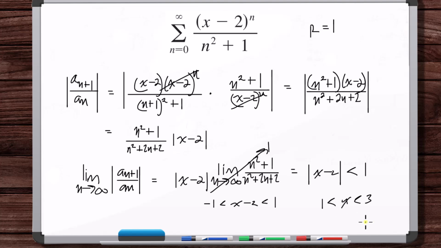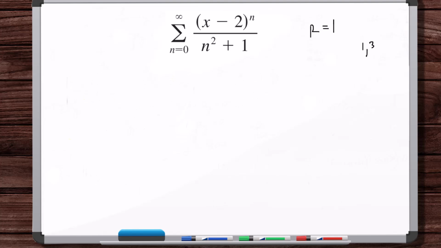All right, so we've got 1 and 3, and we just need to look at the endpoints. When x is equal to 1, what do we have? You've got minus 1 to the n. This is going to be absolutely convergent. Let's go through the proof, but you can see it's like a p series, though not exactly a p series because you've got the n squared plus 1.